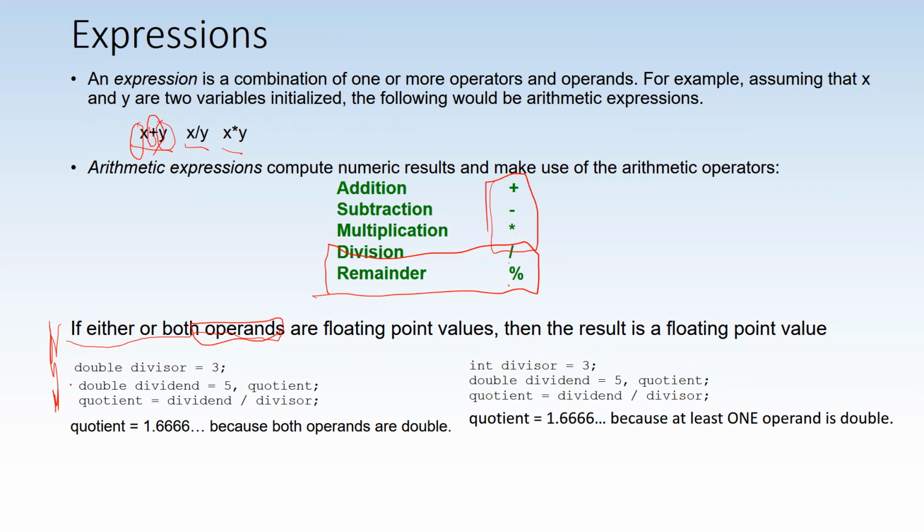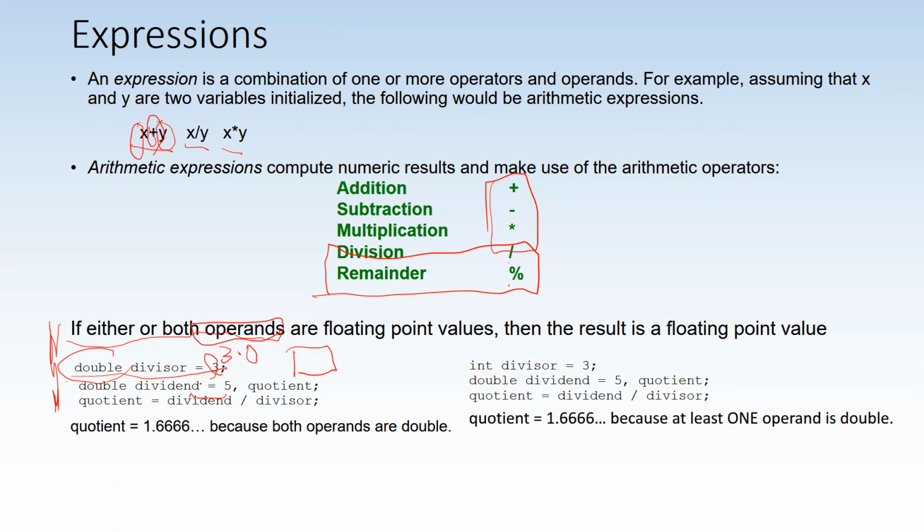Look at this. Double divisor. Even though this is a 3, it is a double, so when the computer stores it, it makes it into 3.0. And double dividend is 5. Once again, when this executes, the location will hold 5.0, not 5.